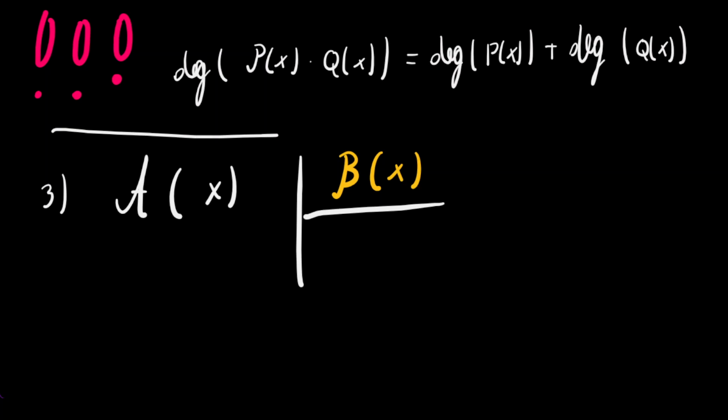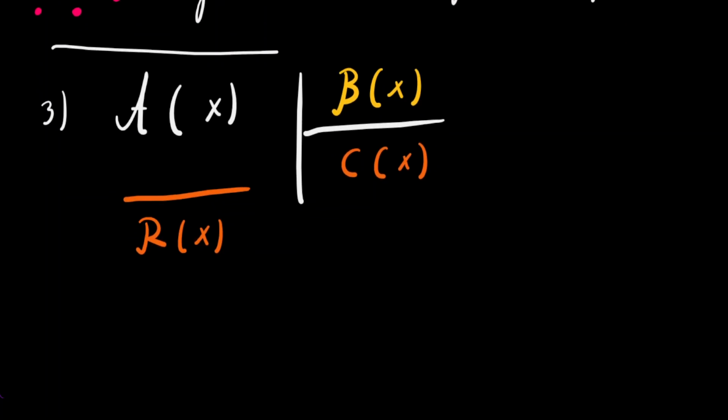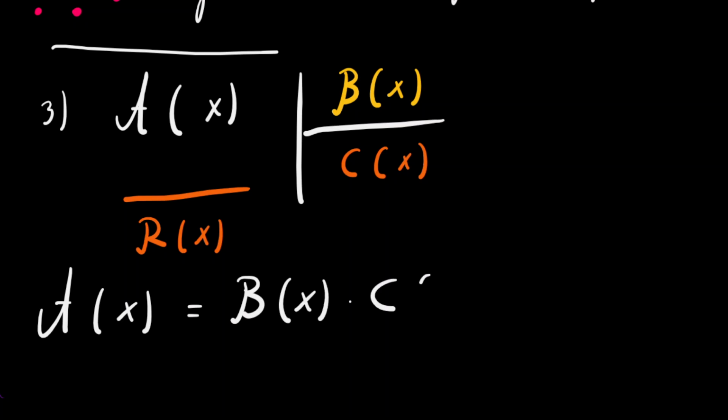So here is going to be a polynomial quotient, and you will have a remainder, and you have to keep in mind something very important and very easy. This polynomial is going to be B(x) times C(x) plus R(x).